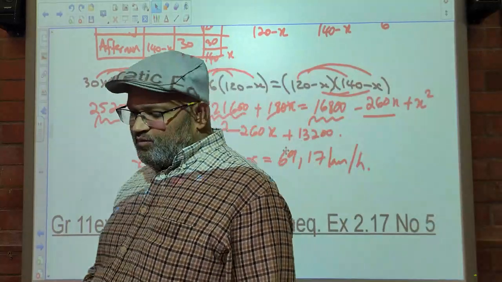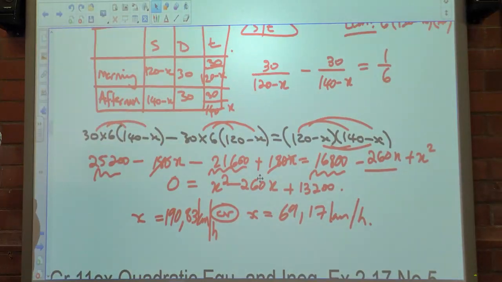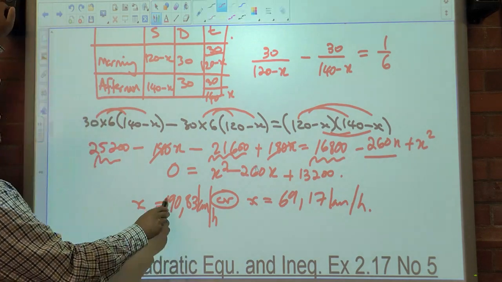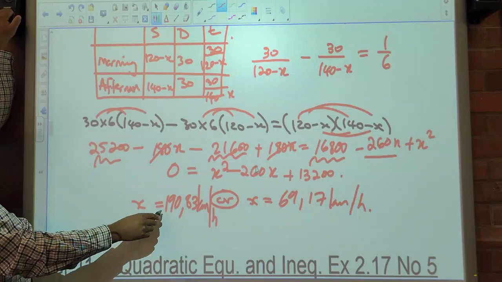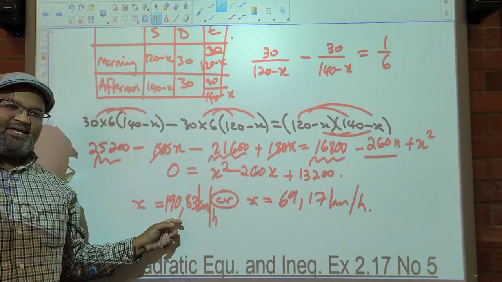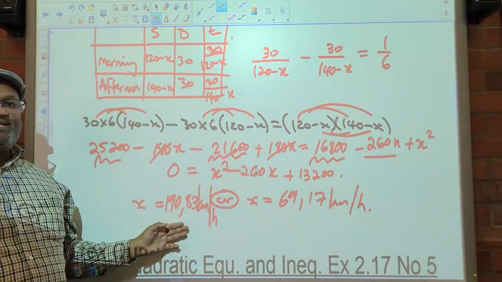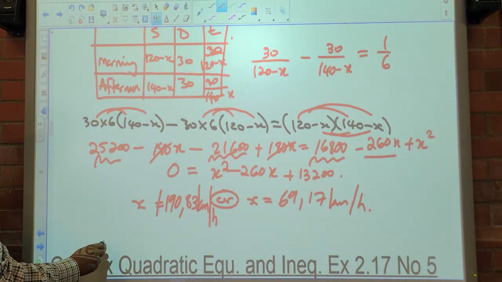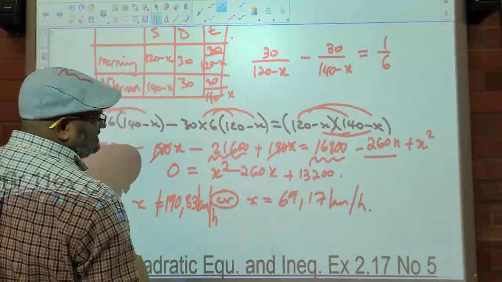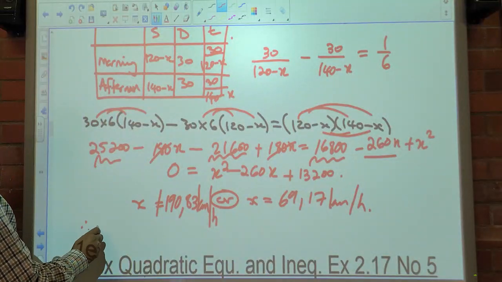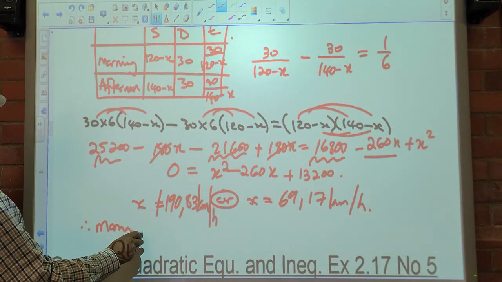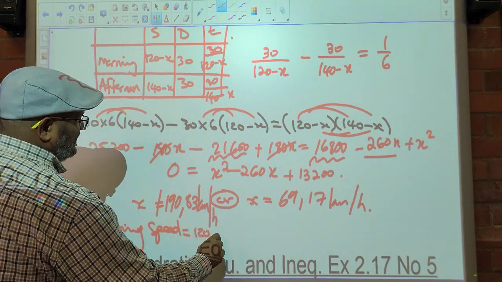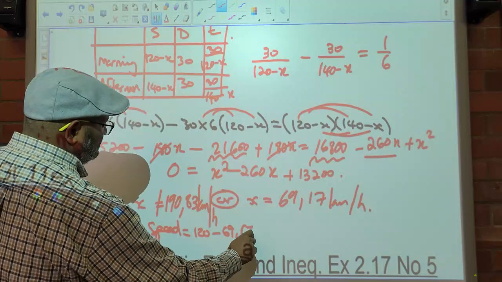Now, if we look at what is given here, the speed in the morning, can it be 190? Otherwise, 120 minus 190 is going to give you a negative solution. So it can't be that one. So therefore x is 69.17. So therefore the morning speed is going to be 120 minus 69.17.